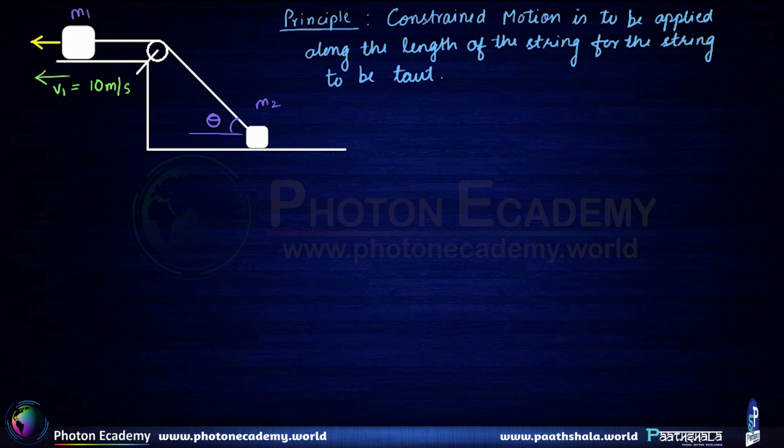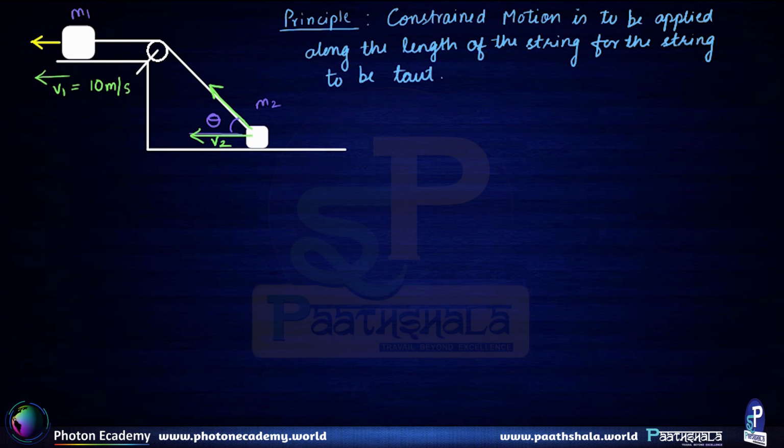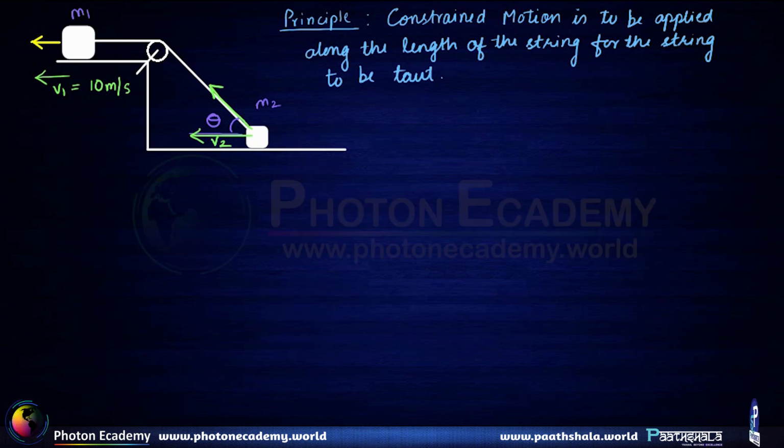So let us say that the mass m2 will have a velocity v2. v2 is going to have this component along the length of the string, which is v2 cos theta. This part of the length of the string is changing in magnitude as v2 cos theta, and this varies as v1.